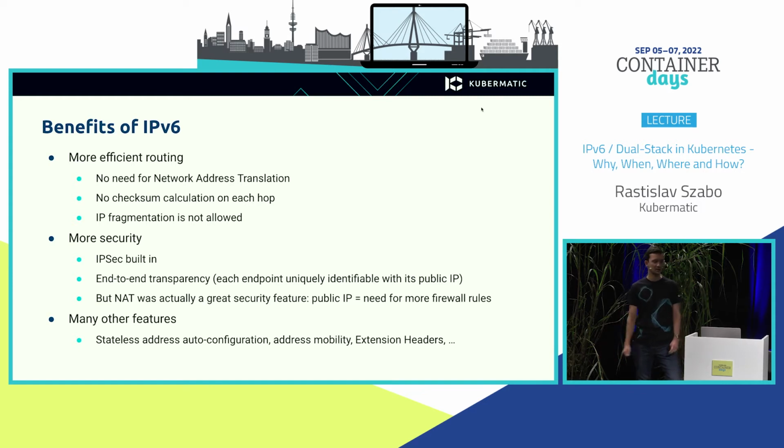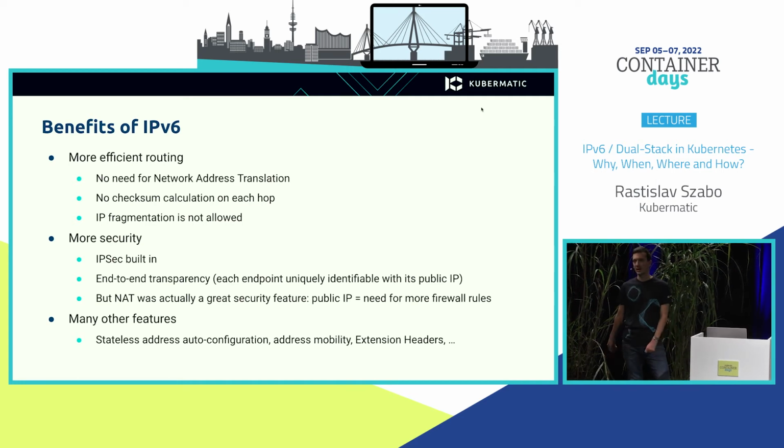On top of that, IP fragmentation is not allowed by design. There are some more advanced security features built in. IPsec is natively built into the protocol, with the fact that each endpoint has its own uniquely identifiable public IP address also meaning that we have end-to-end transparency.